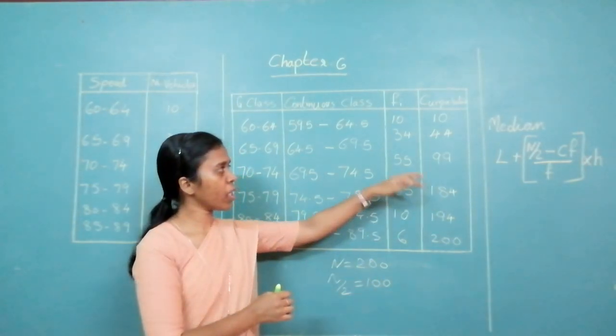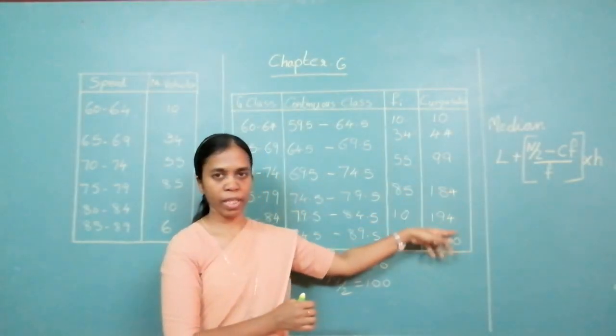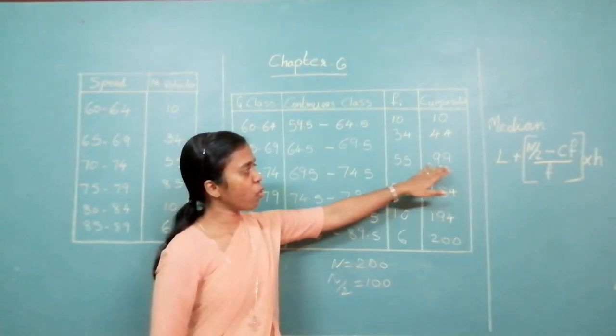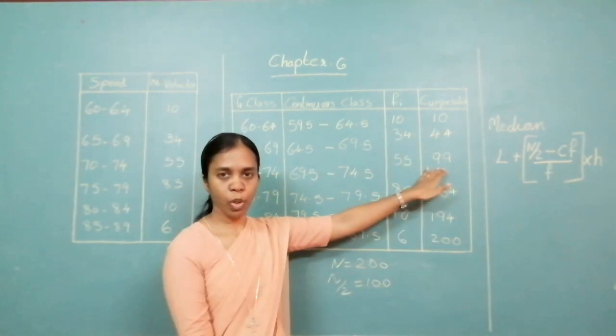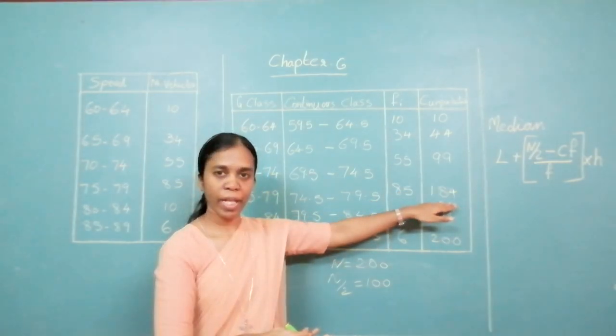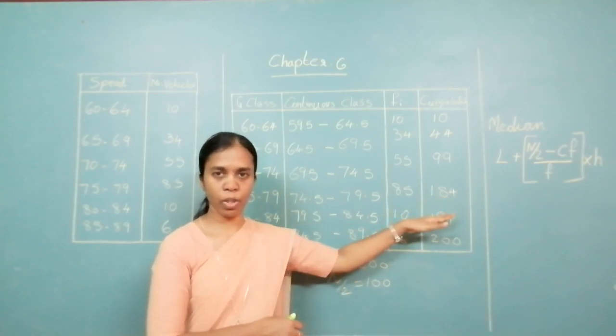Now we are asking in which category of the cumulative frequency the 100 vehicles will be included. If you look at 99, it doesn't reach 100. It is more than 99. If you look at 184, yes, in 184, 100 vehicles are included.